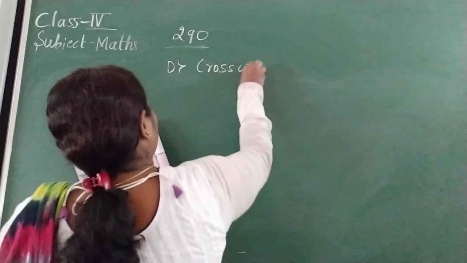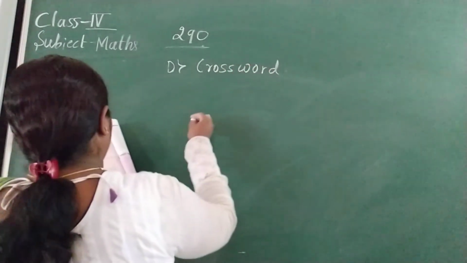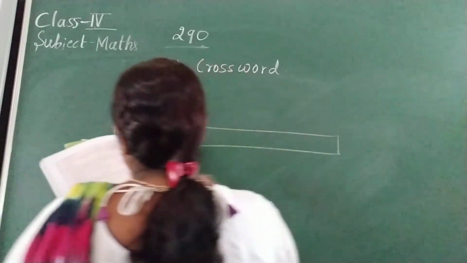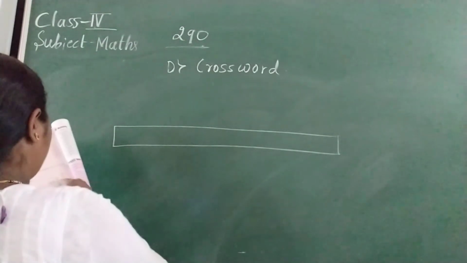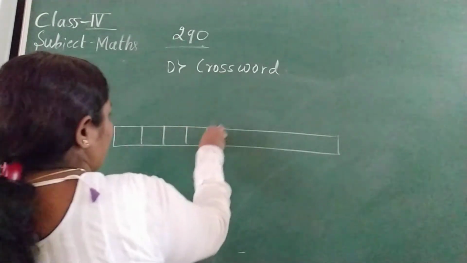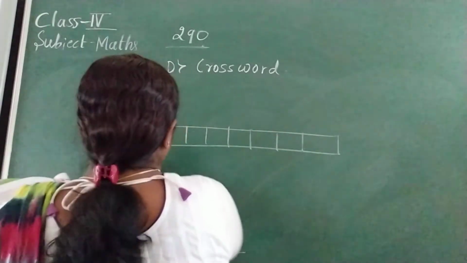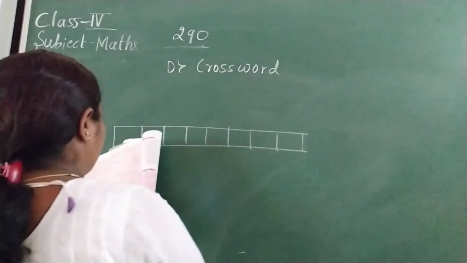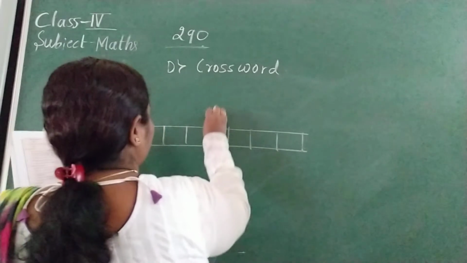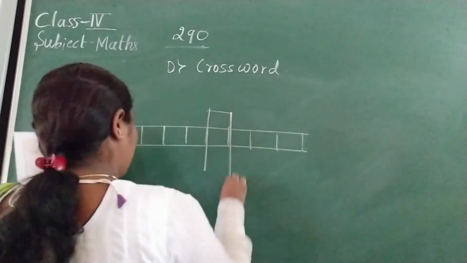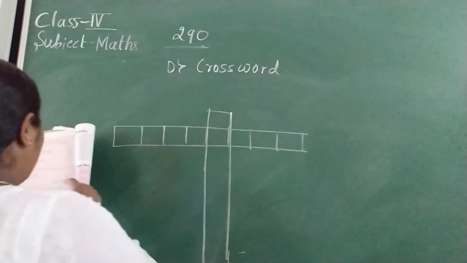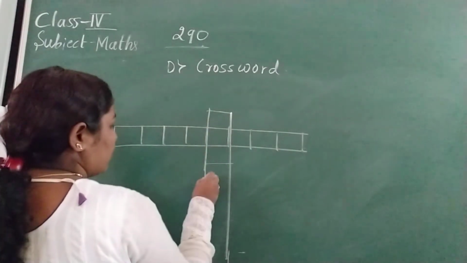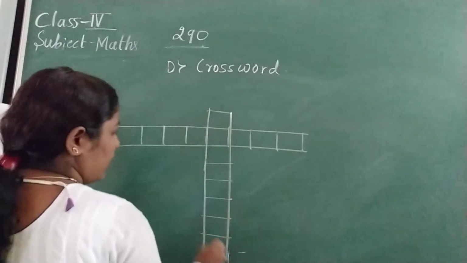Now the crossword. Let's draw this. 1, 2, 3, 4, 5, 6, 7, 8 boxes in a row, repeated for the next rows.